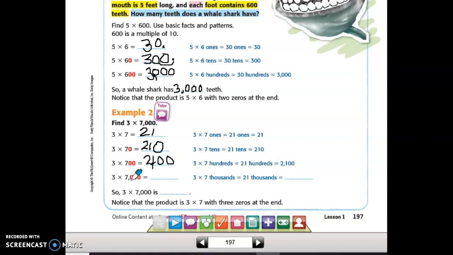And 3 times 7,000 would be 21 with 3 place values moved or 3 zeros added, which is 21,000. So 3 times 7,000 is 21,000.